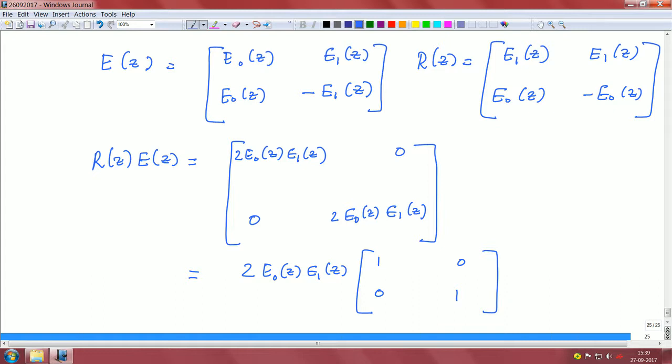Okay, so why do we need to do this algebra here? Well, we want ideally R of z to be an identity matrix, which we may not get, right, or it is too restrictive.